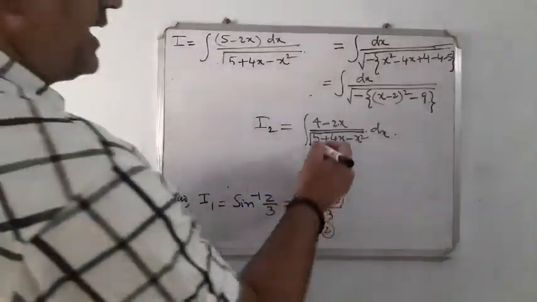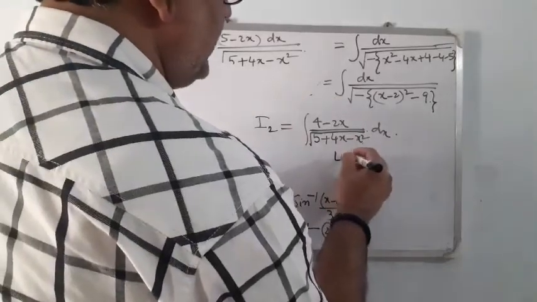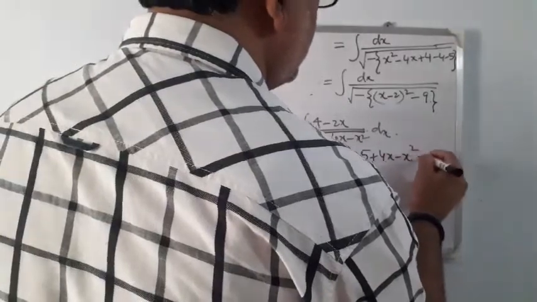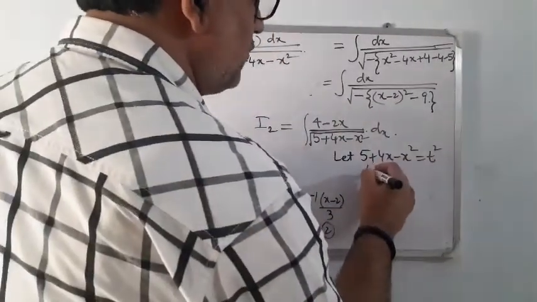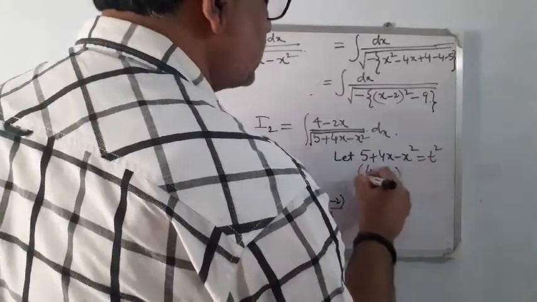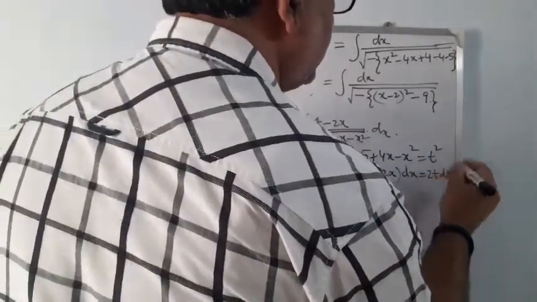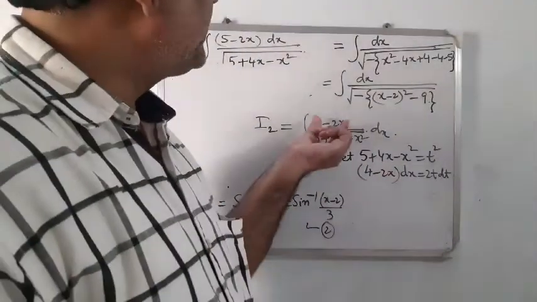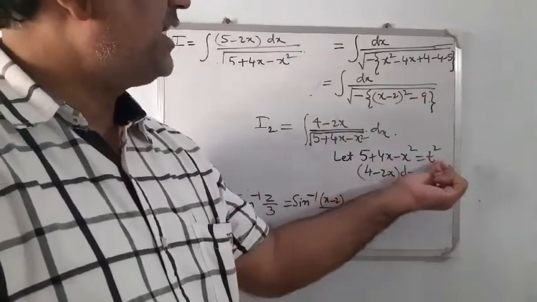Now we will try to take the differentiation of this one. So let 5 plus 4x minus x square be equal to t square. Now if you differentiate it, you will get 4 minus 2x dx, that is 2t dt. Now in the place of 4 minus 2x dx we have to put 2t dt, and in the place of this we have to put t square.